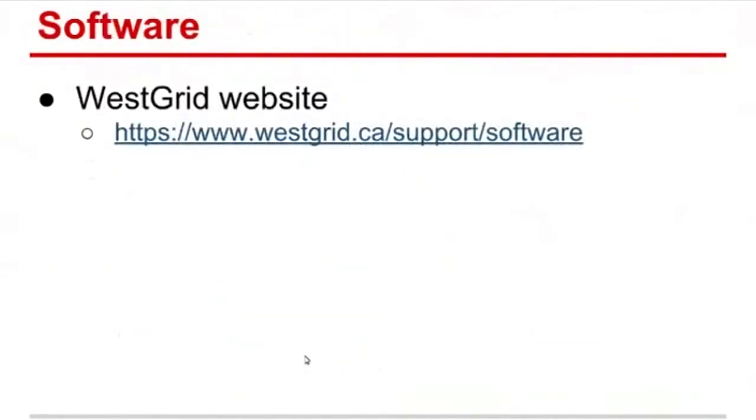Okay. I want to talk a little bit about software. The software that we have on WestGrid is listed on our website. And once you go there, you get a page like this with a list of software.